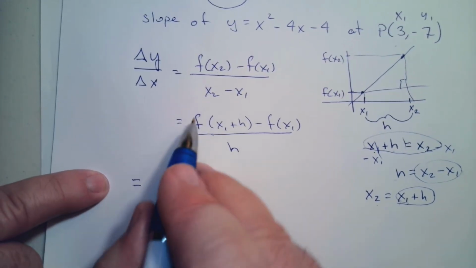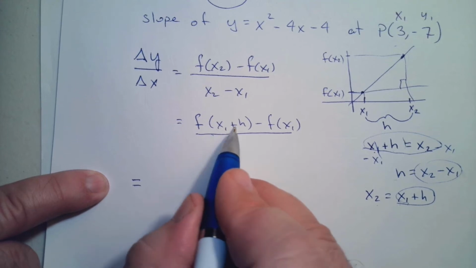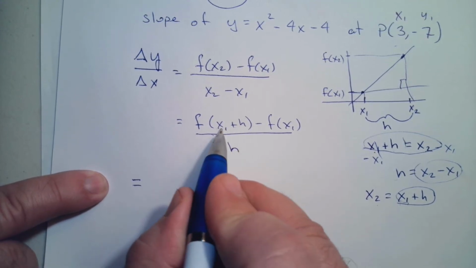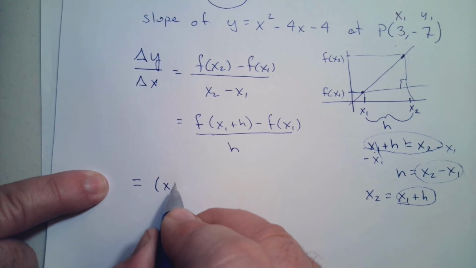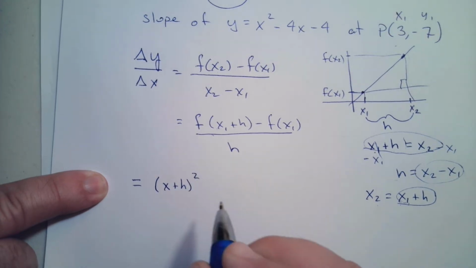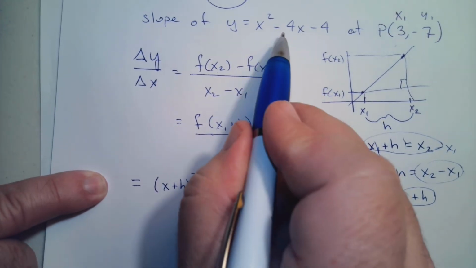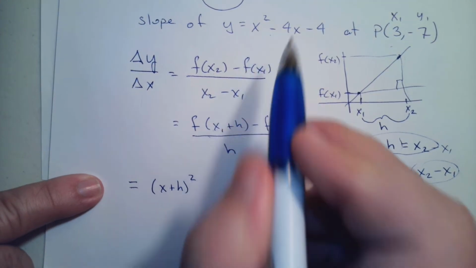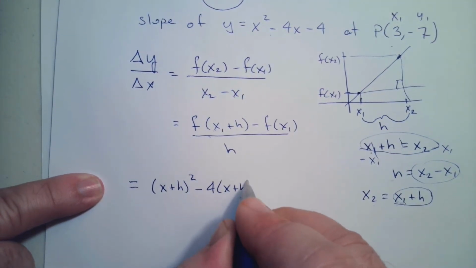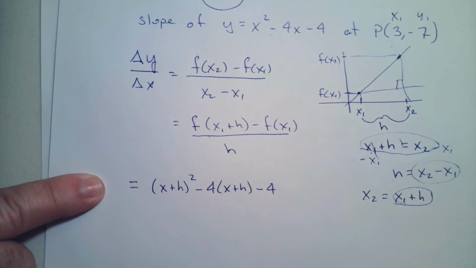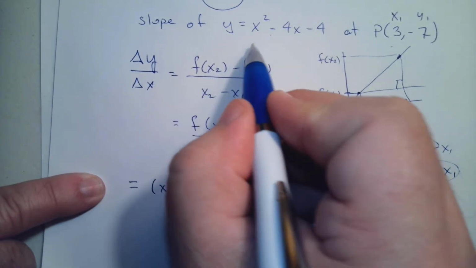What we have to do here is, inside our function, we put in place of x, x plus h. So we have x plus h squared minus 4x, which in place of x I put x plus h, minus 4. That's this first part.